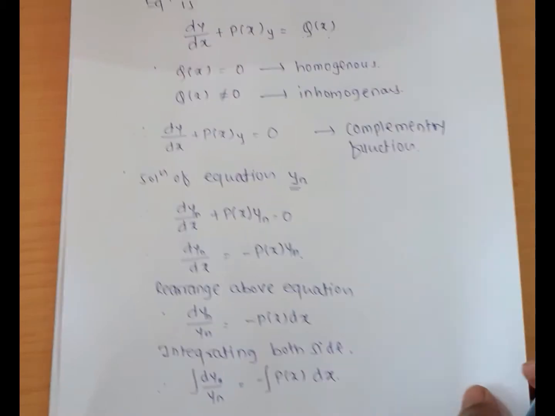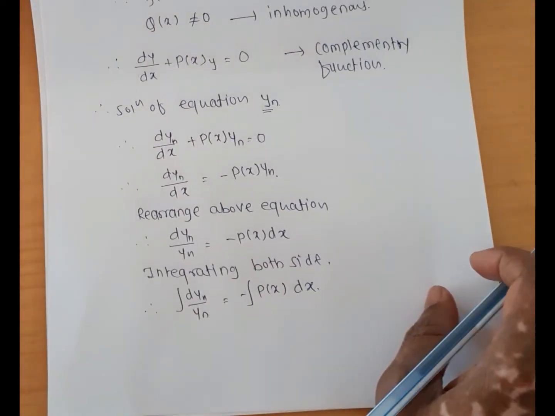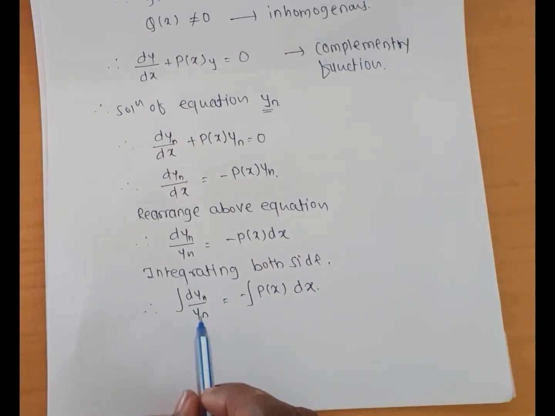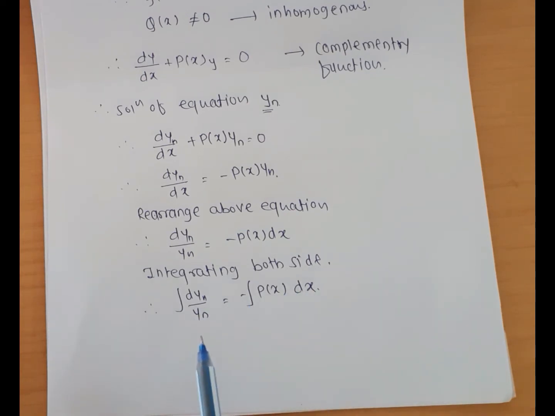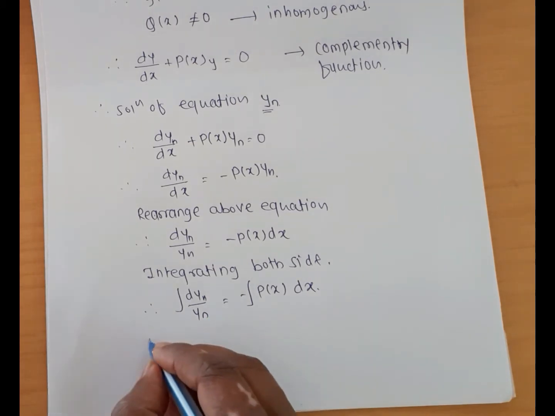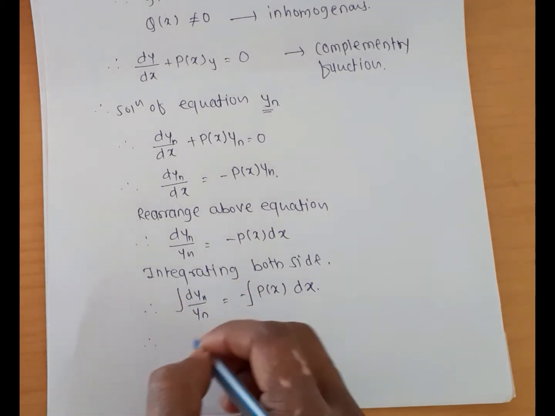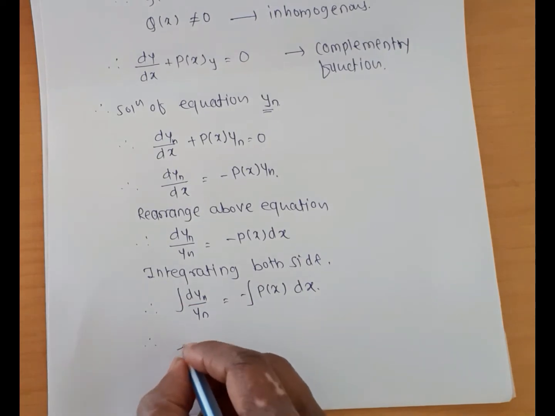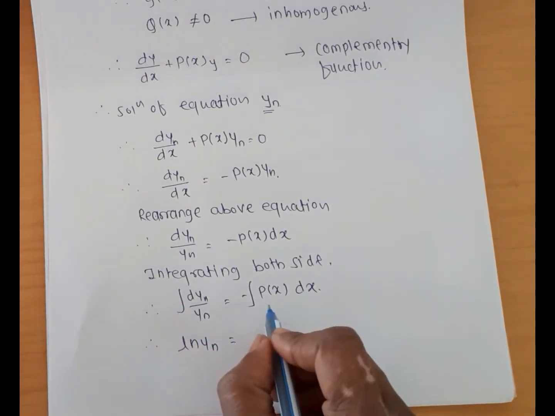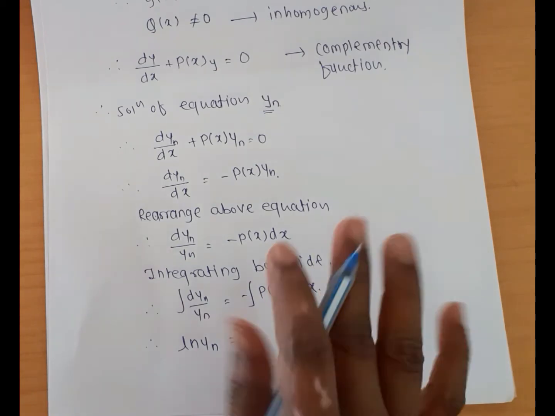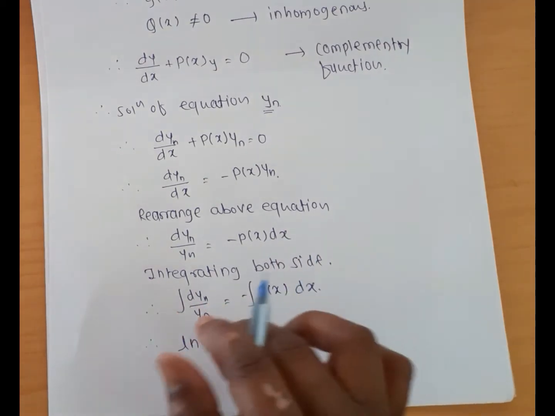You know we use the formula integration of 1 upon x dx. The same formula we use here, but here the variable is yn. So the integration of this term is written as ln of yn, and p of x is treated as a constant term in this equation.